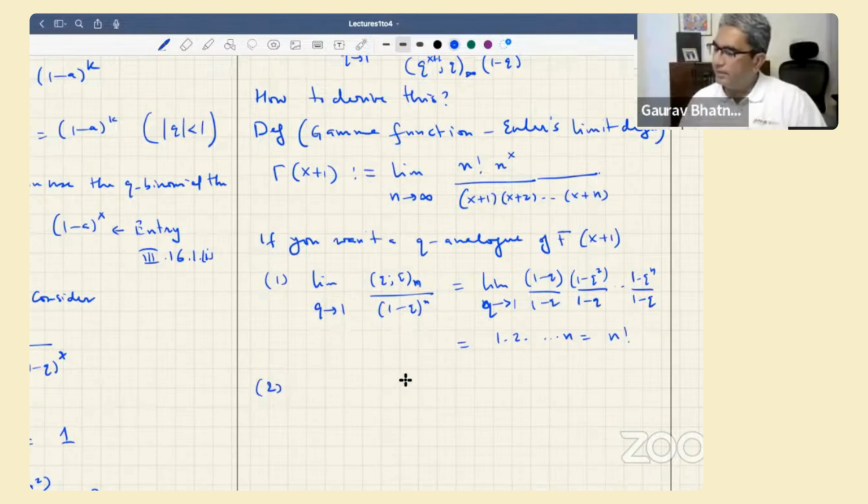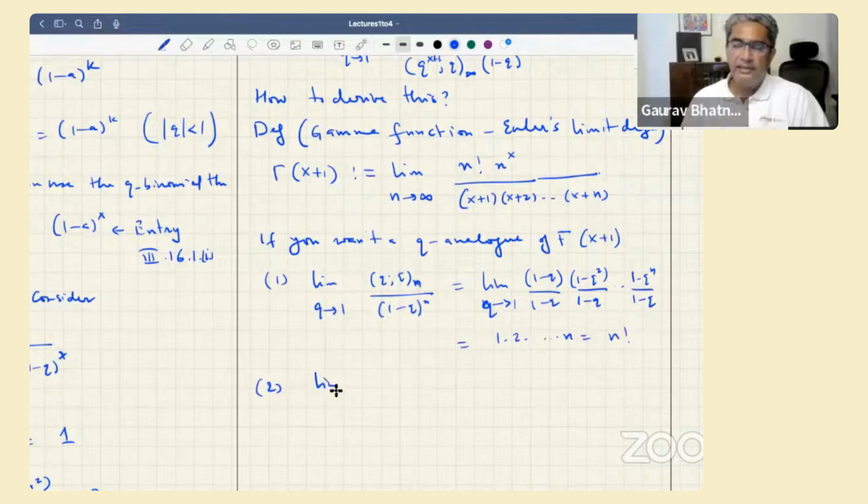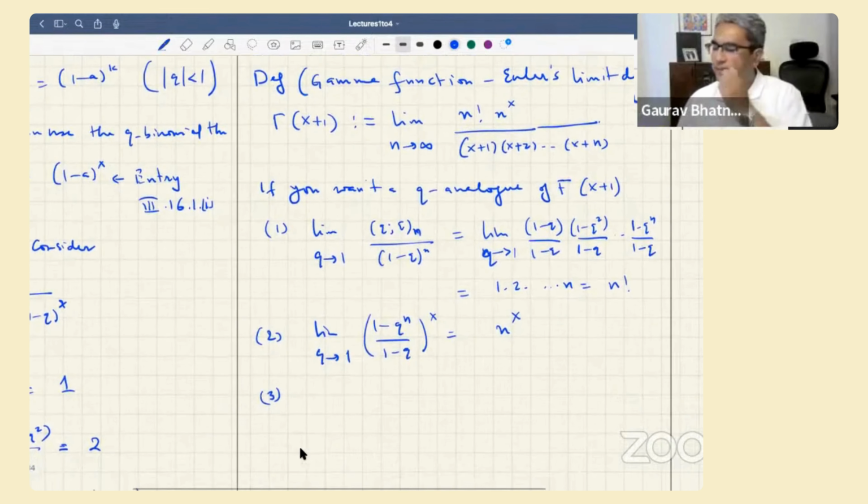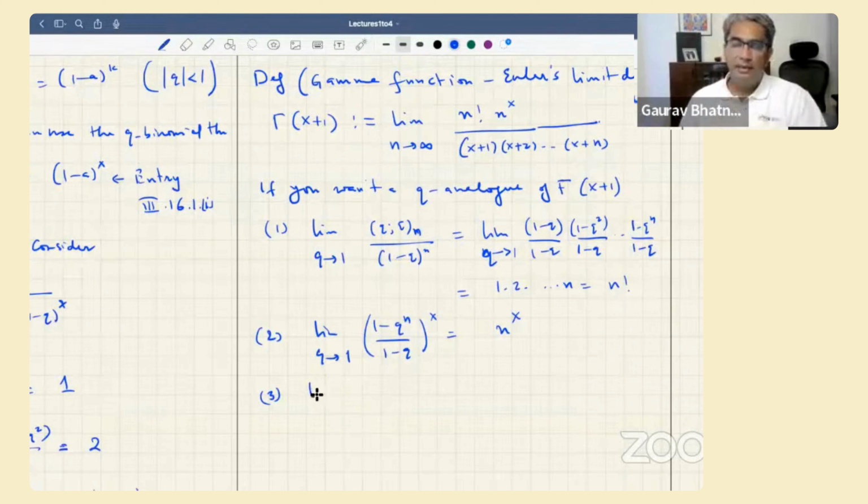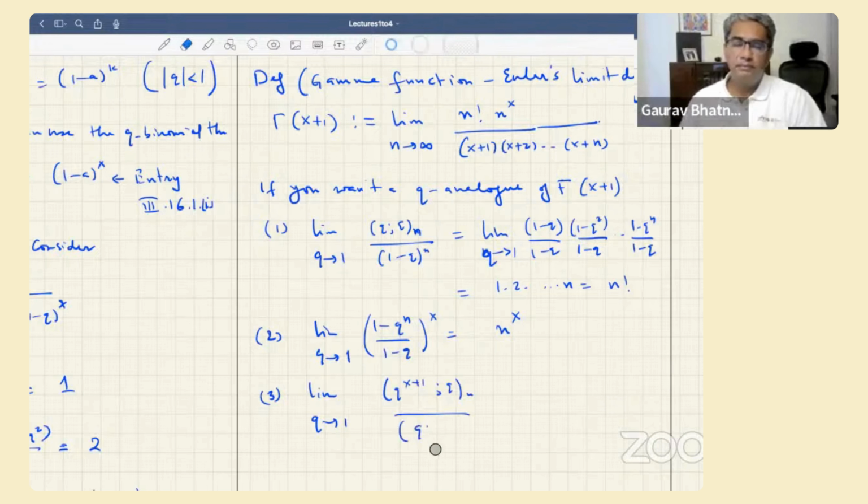Then to get n raised to x, that's easy. Just take this and raise it to the power x, so that will give you n raised to x. And in the denominator, you could take the limit as q goes to 1 of (q^(x+1); q)_n divided by 1 minus q raised to n. So this is going to give you x plus 1, x plus 2, up to x plus n.